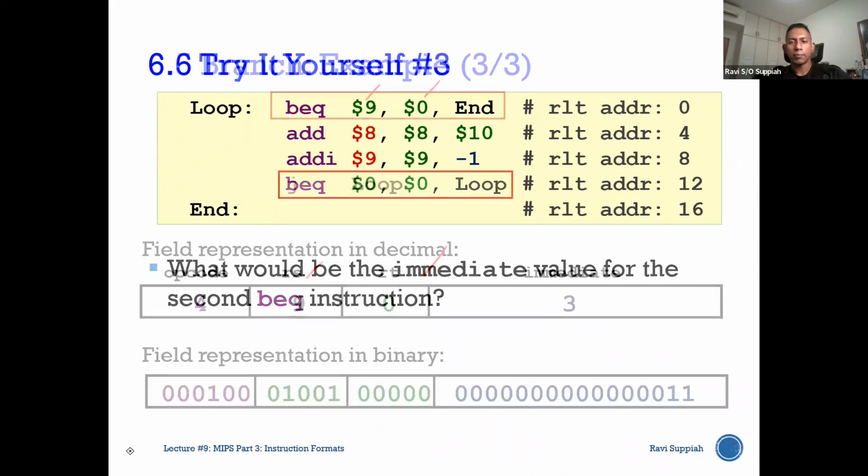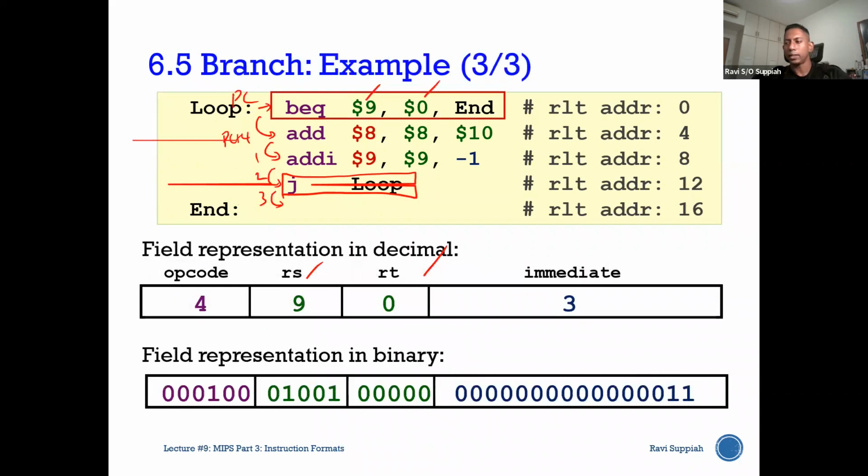Maybe some of you may say that here I only specify 3, but it's supposed to be 3 lines. And from what we know, 3 lines is equivalent to 12 bytes, correct? Because each line is a word. So how does the 3 get translated to 12 bytes? If you look here, all the addresses are word aligned.